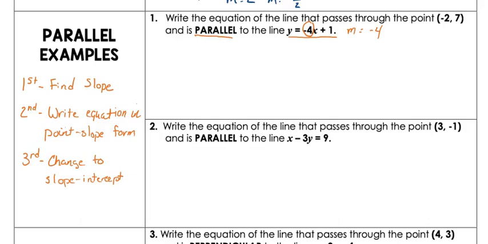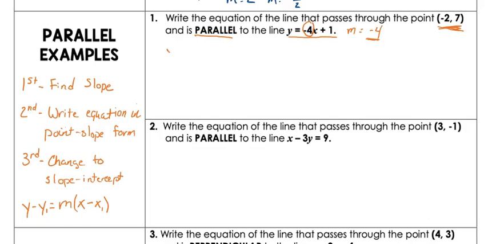And the new equation uses the new point. So here's the coordinate I'm going to use. I have -2, 7. I'm going to use my slope, and I'm going to write it in point slope form. So just as a reminder, I'll write it over here for you. The point slope form is y minus the y I've been given is equal to my slope times, in parentheses, x minus the x coordinate that they have asked me to use.